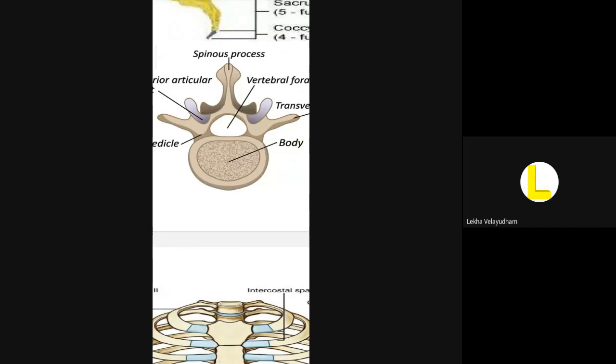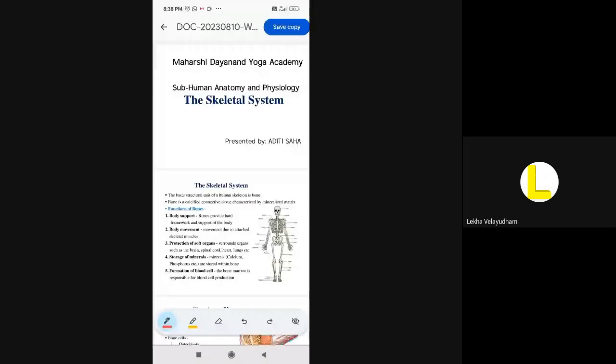The below part is the frontal side of the body.